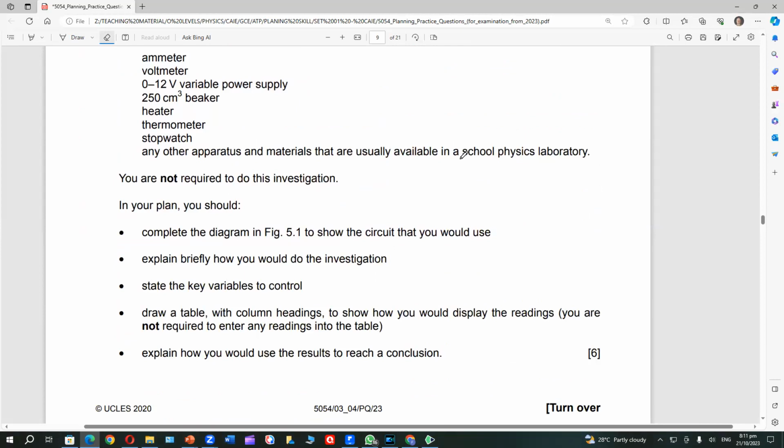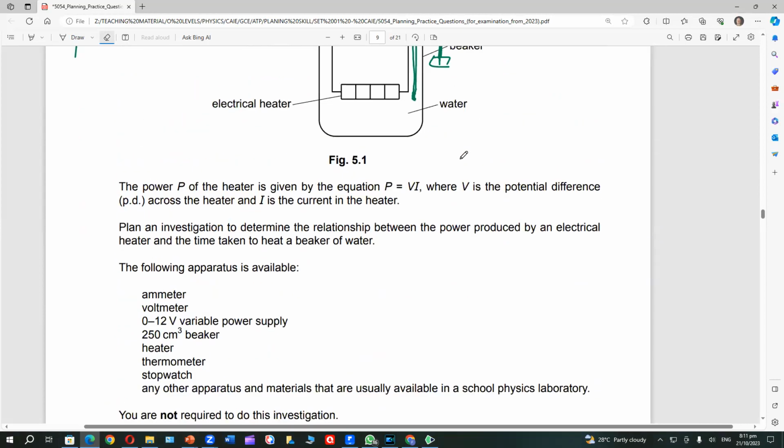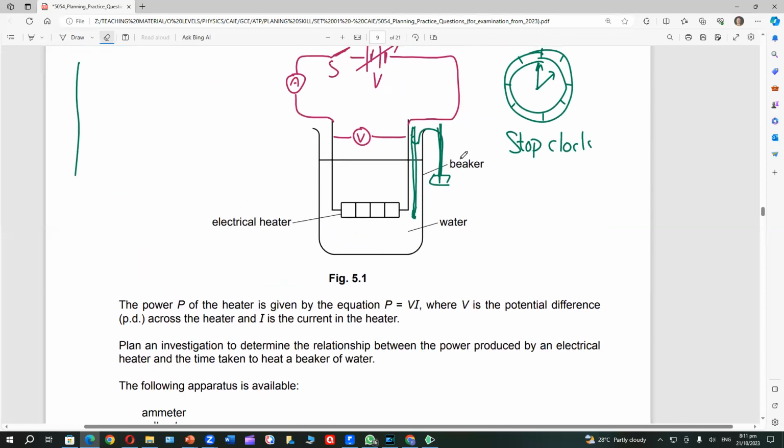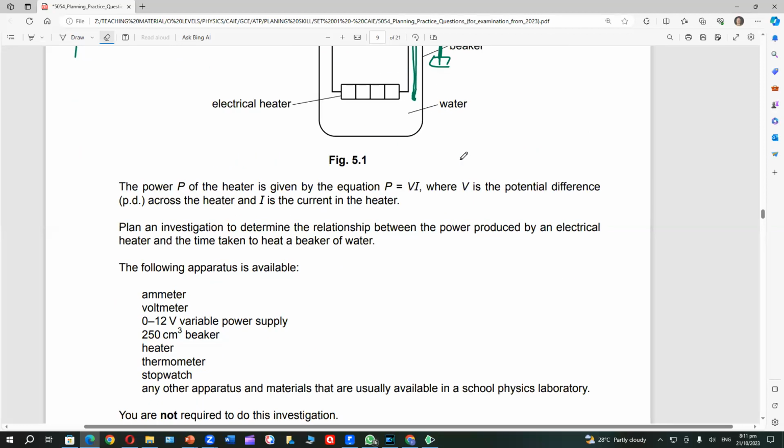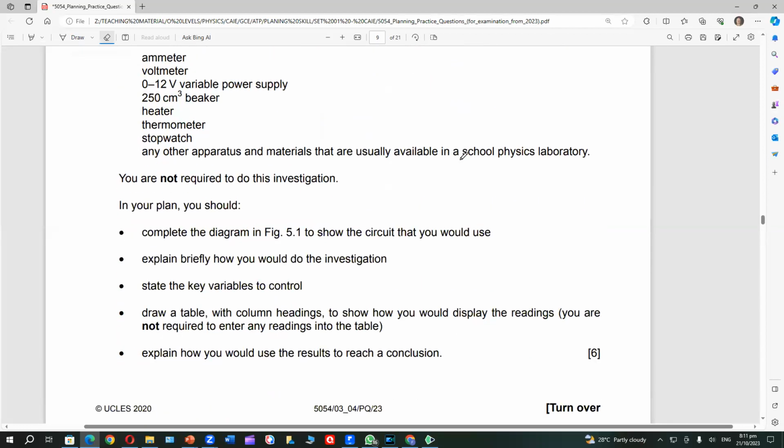So what are the key variables? I have a variable power supply, so I can vary the power.